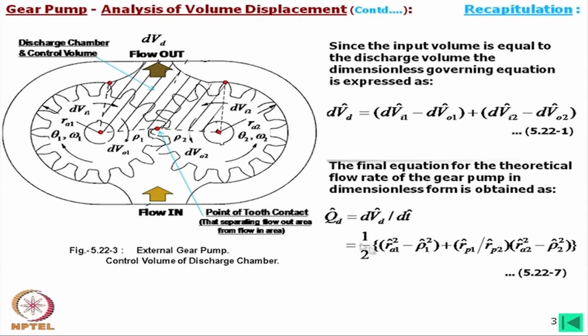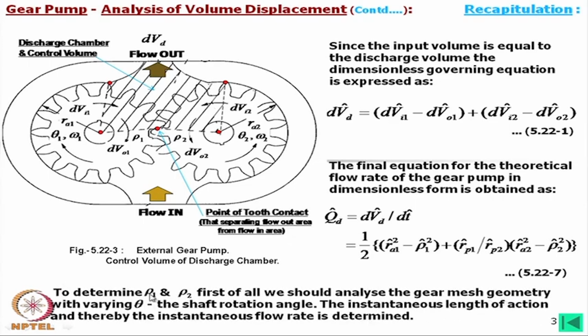We have to keep in mind that this derivation is actually the derivation of this area into the thickness of the pump, which is constant. And we have also learned that to make this flow dimensionless, we divided it by R B square and the width, as well as by the speed, to get the dimensionless flow rate.